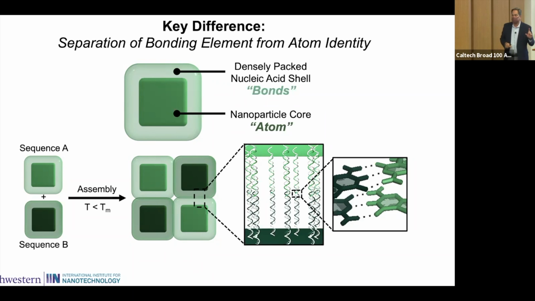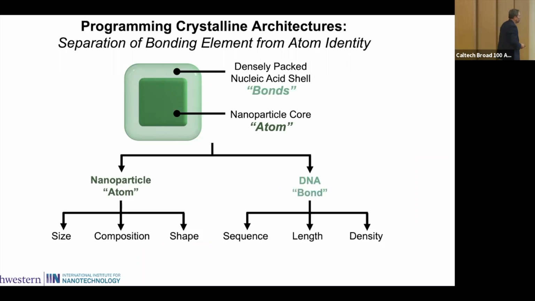It only cares about the size and the shape. That's not true of conventional chemistry. If I pick different atoms in the periodic table, I have different constraints in terms of bonding. I just have to live with that. The fact that they're separated gives me a level of predictability, a level of design, as you're going to see, that goes beyond conventional chemistry. So I can make any set of interaction pairs interact based upon choosing the right types of oligonucleotides. And I'm going to show you that many, many times over.